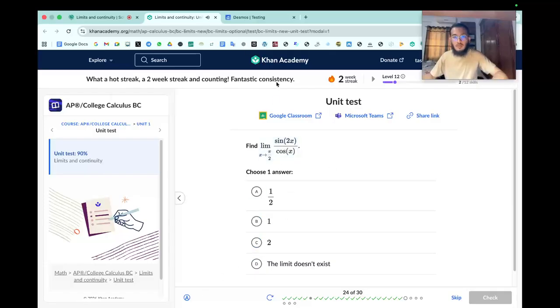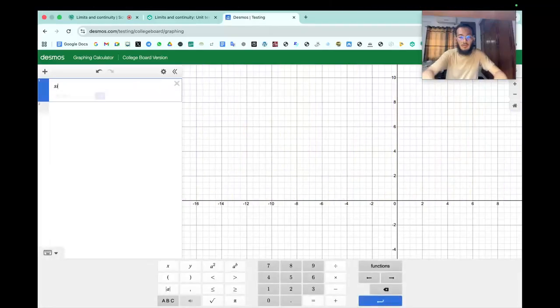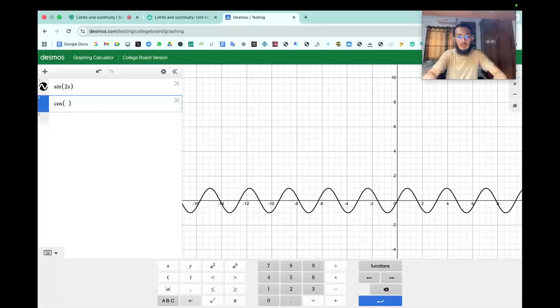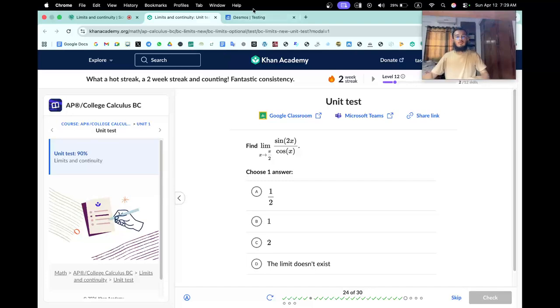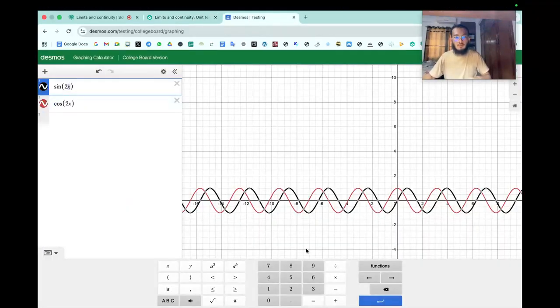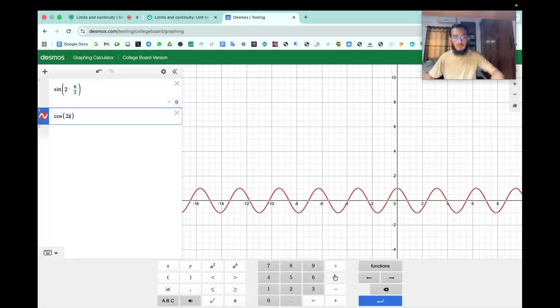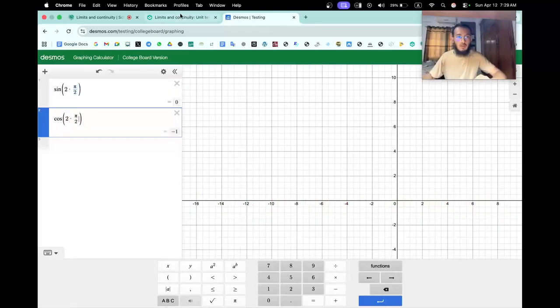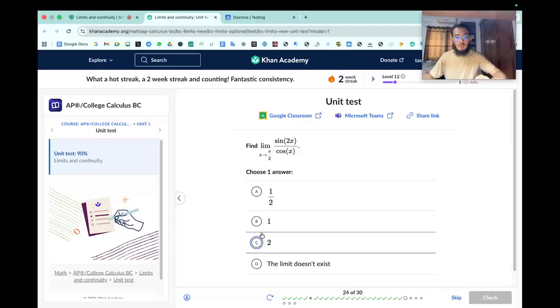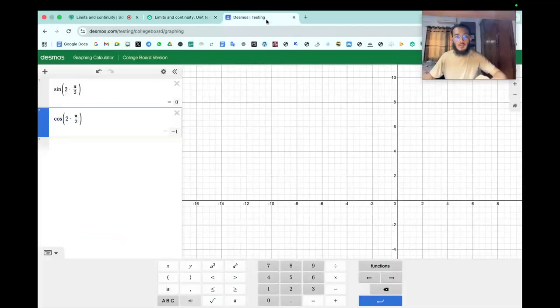Okay, what about this? Sine 2x divided by cos 2x. So you have to plug in pi by 2. It's 0. What about this? It's -1. So cos x is -1.